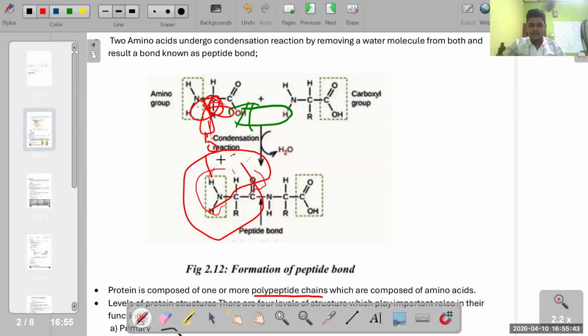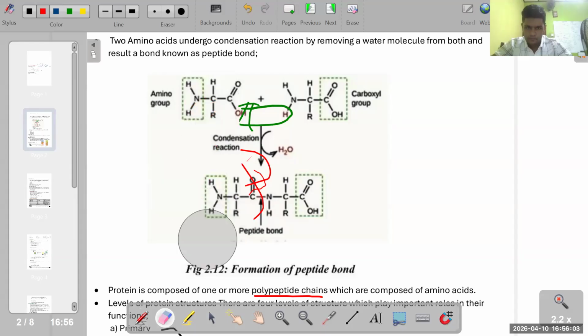It is not like that. Same backbone means the backbone does not change from amino acid to amino acid. Is that clear? So this hydrogen can react with this oxygen.